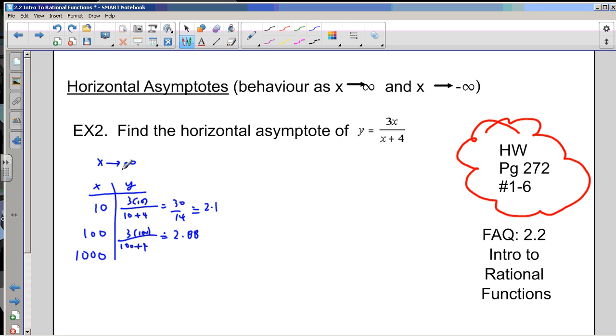And as x is going to infinity, 1,000 is a lot less than infinity, but at least it'll give us a pattern here. If I jam in a really big number, so it appears as x goes to infinity, y is getting close to 3. And I could even say getting close to 3, but a little bit below.